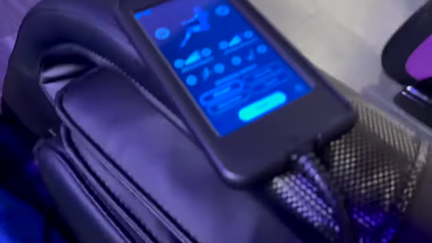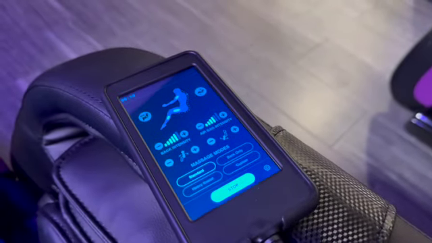Whew. Getting this massage chair, y'all. Getting this good massage chair. You gotta get yourself a massage. Once you finish working out, you gotta get your little massage going on. So we just finished working out.